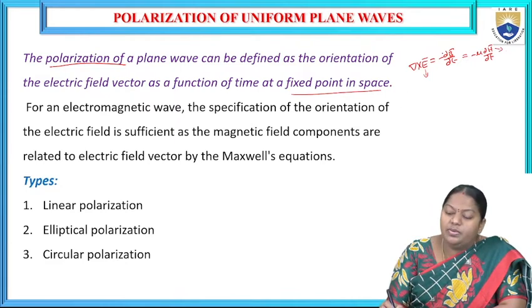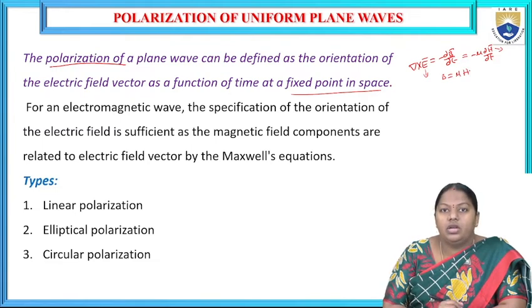B bar is the magnetic flux density, and the relation between flux density and field intensity is B equal to mu into H. If you derive the equation for E, the relation for H is automatically derived also. That's why in the polarization case, considering only the orientation of the electric field is enough.